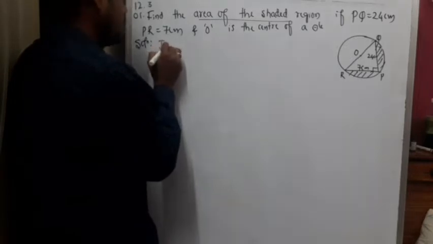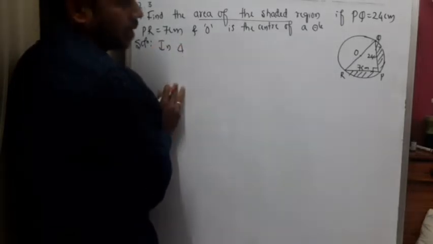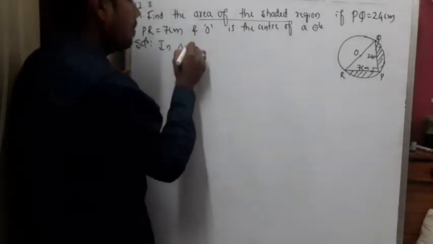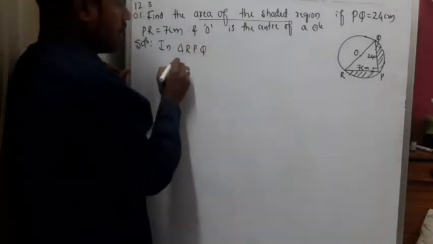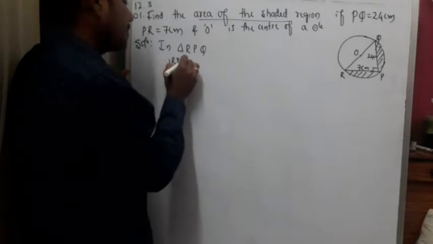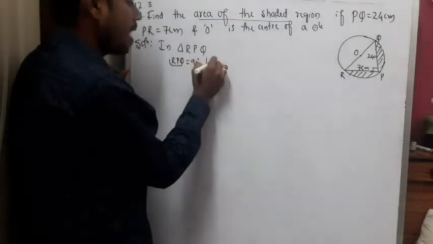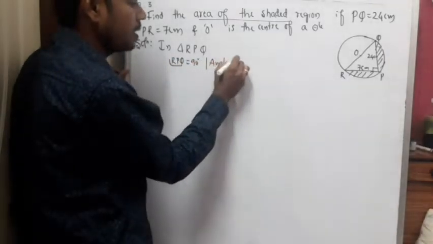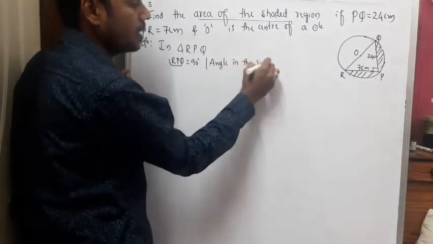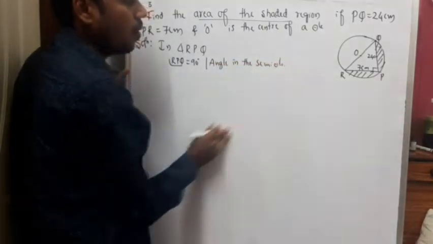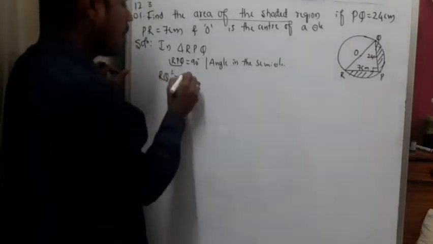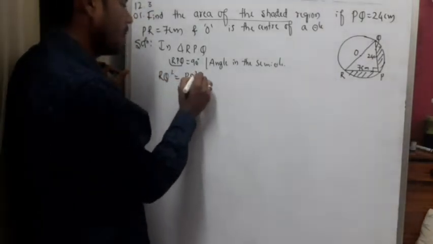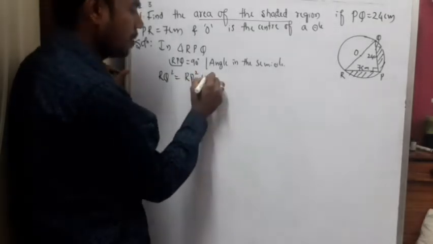So now what we will do? In triangle RPQ, angle RPQ is equal to 90 degree, because it is the angle in the semicircle. Now RQ square is equal to RP square plus PQ square.